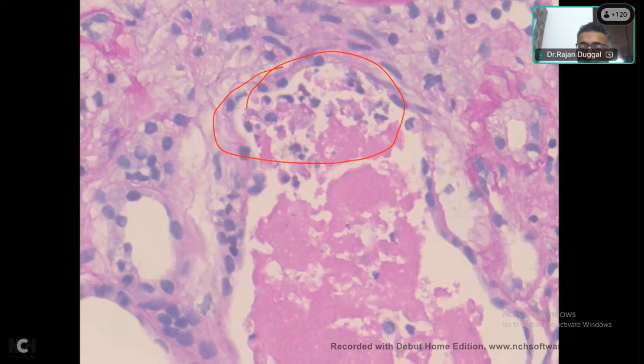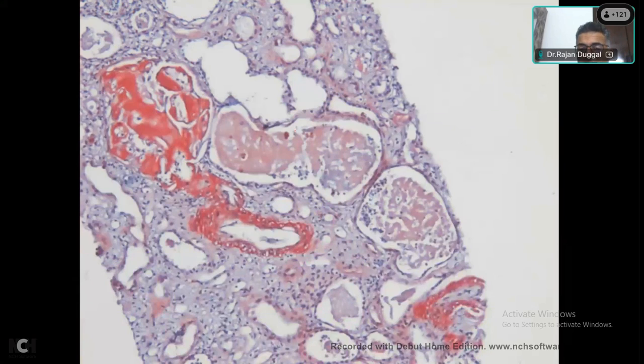It may appear like a granulocytic cast. So with the presence of an occasional granulocytic cast, don't jump to the conclusion that it is pyelonephritis. There has to be a significant number of tubules with granulocytic casts to be labeled as acute pyelonephritis. This occasional cast you can see even in a severe acute tubulointerstitial injury.